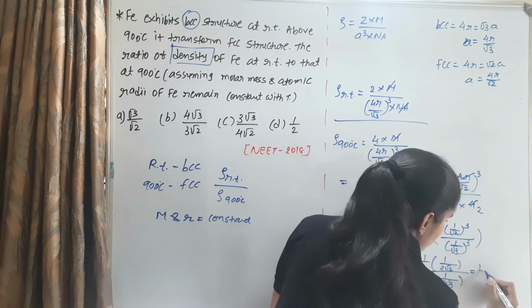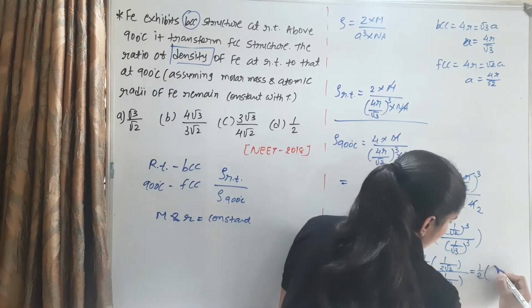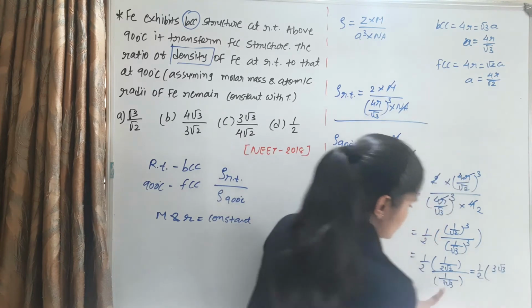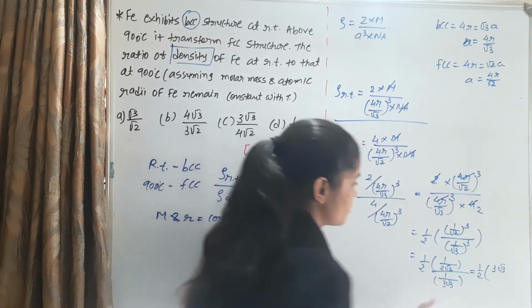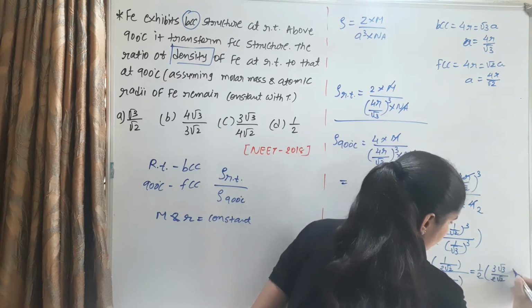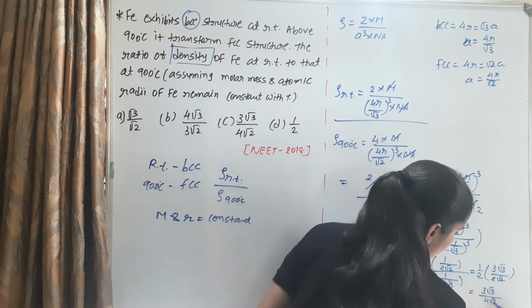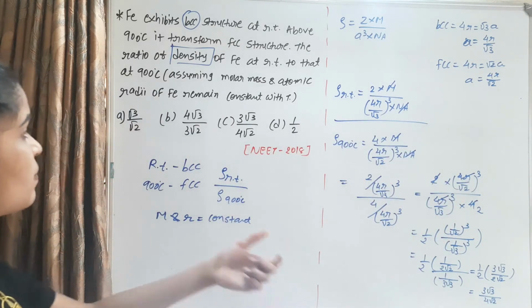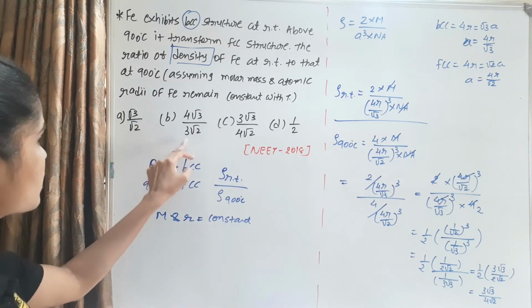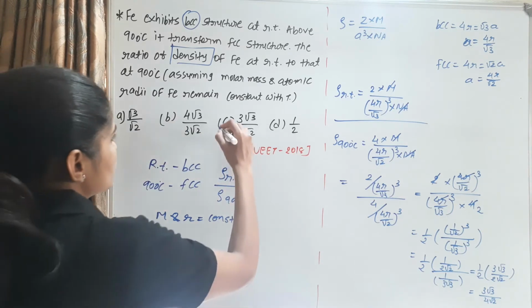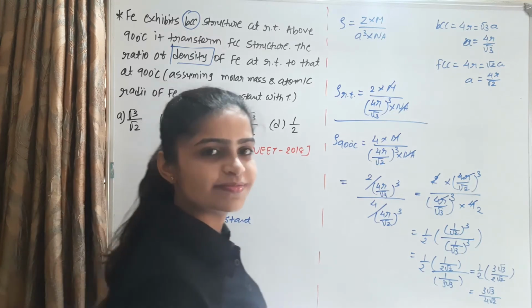Then 1 by 2 upon 3 root 3 gives 3 root 3 divided by 2 root 2. So the answer is 3 root 3 divided by 4 root 2.